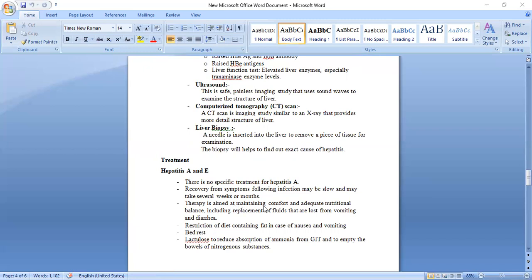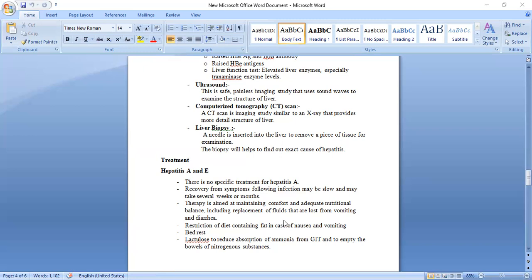Therapy is aimed at maintaining comfort and adequate nutritional balance. Here also they said the same. We have to maintain the nutritional balance, including the replacement of fluids lost from vomiting and diarrhea.